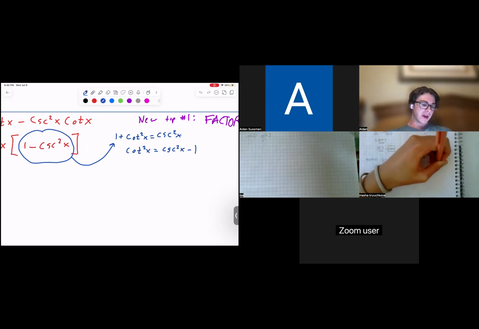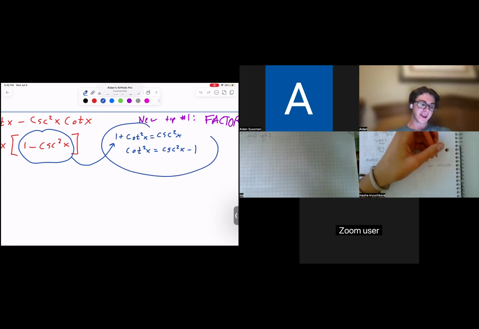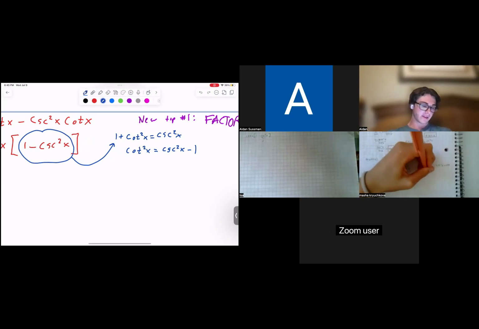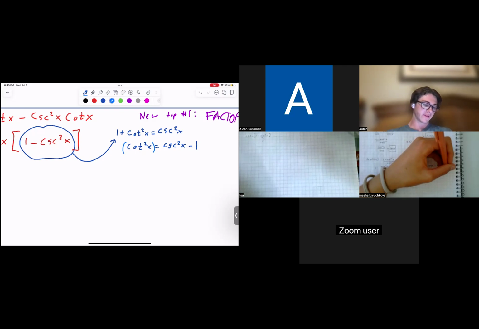We have 1 minus. So anytime you rewrite, I always like to rewrite the Pythagorean identity I'm using and then compare it. This is a positive cosecant and a negative 1. This is a positive 1 and a negative cosecant. But guess what? What happens if I multiply both sides of this by negative 1?